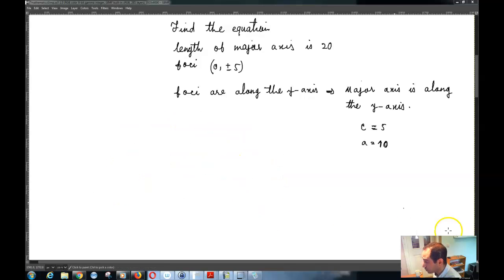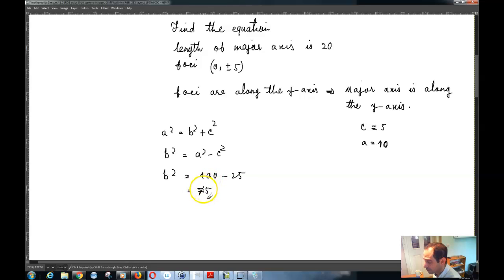You know that A squared is equal to B squared plus C squared. That means that B squared is equal to A squared minus C squared. So B squared is equal to 100 minus 25, which is equal to 75, and B is equal to the square root of 75.